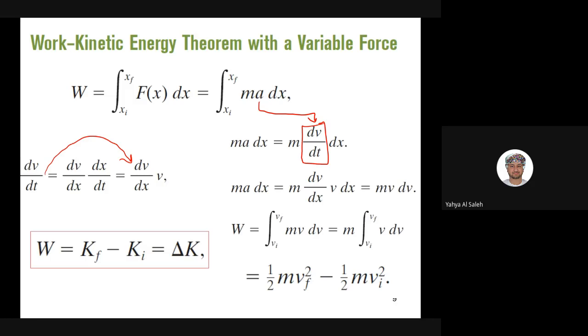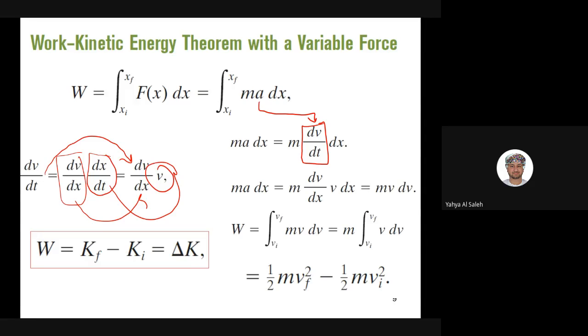So m dv by dt, by using the chain rule for changing variables, dv by dt is the same as writing dv by dx times dx by dt. We know that the rate of change of position, dx by dt, is velocity. So dv by dx comes here, and dx by dt becomes velocity.